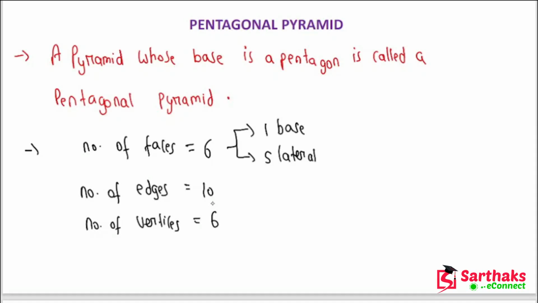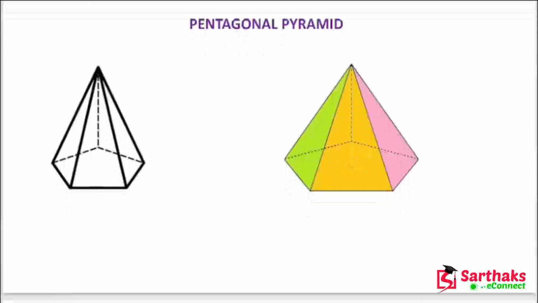Okay, so let me show you how a pentagonal pyramid actually looks. So pentagonal pyramid looks like this. If I name them, then it would be O, A, B, C, D and E. This A, B, C, D, E, you can clearly see that it is a pentagon, and this O, B, C and O, D, C, these are all lateral faces which are actually triangular.